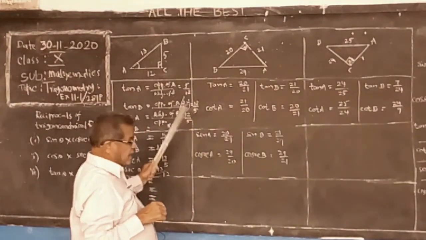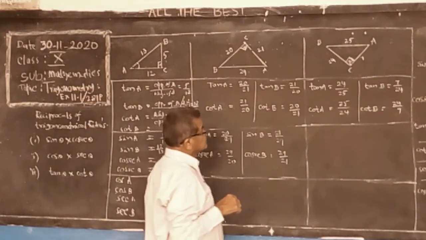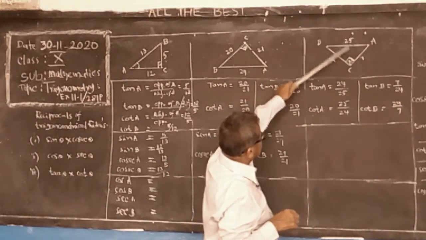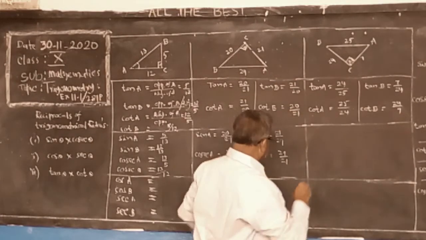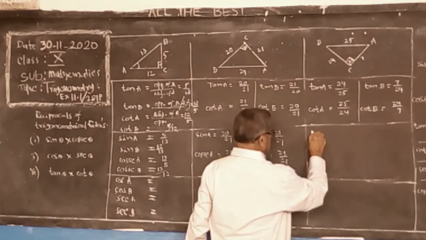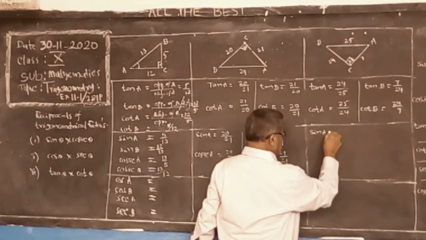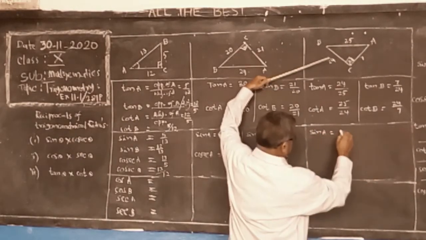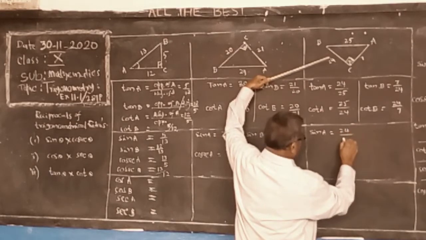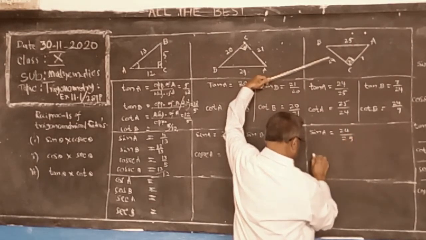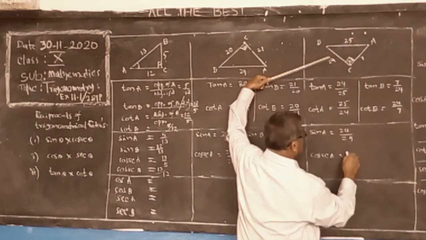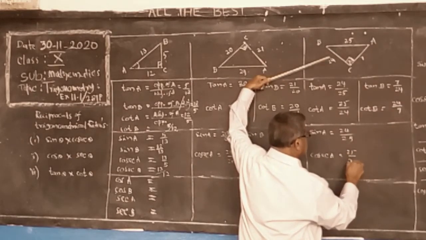Angles B and A. And similarly for the third triangle, next side, the side opposite to 90 is hypotenuse. Side A, opposite side of the angle A, opposite side is 24 by hypotenuse 25, and cosec A reciprocal is 25 by 24.